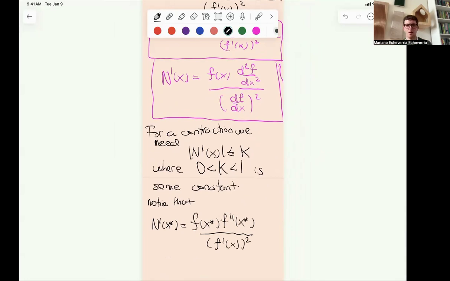And this means that the first derivative at x star would be zero, because f of x star is zero by assumption. So all of this gives you zero.